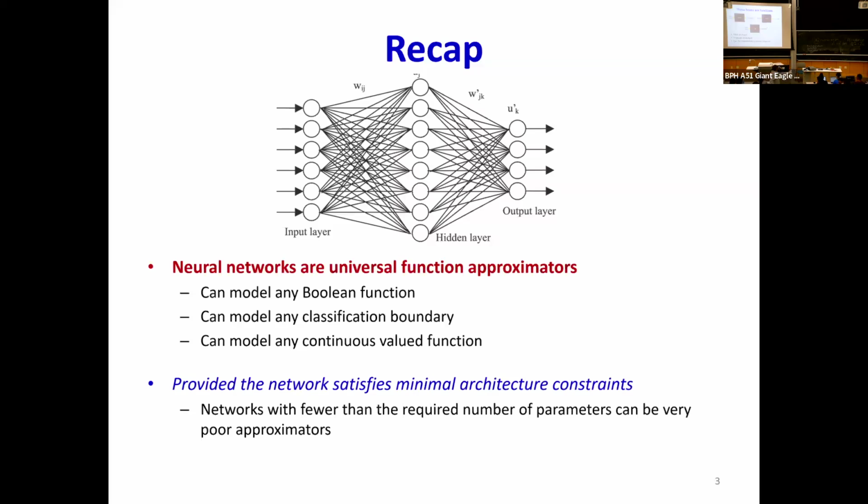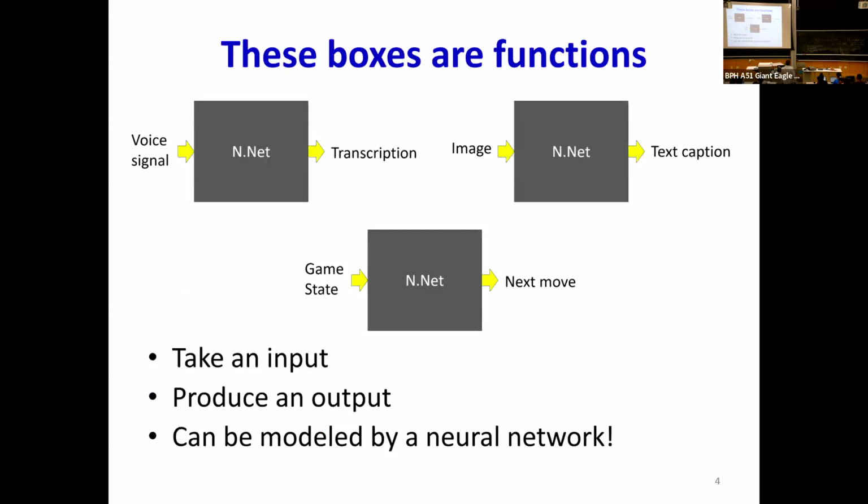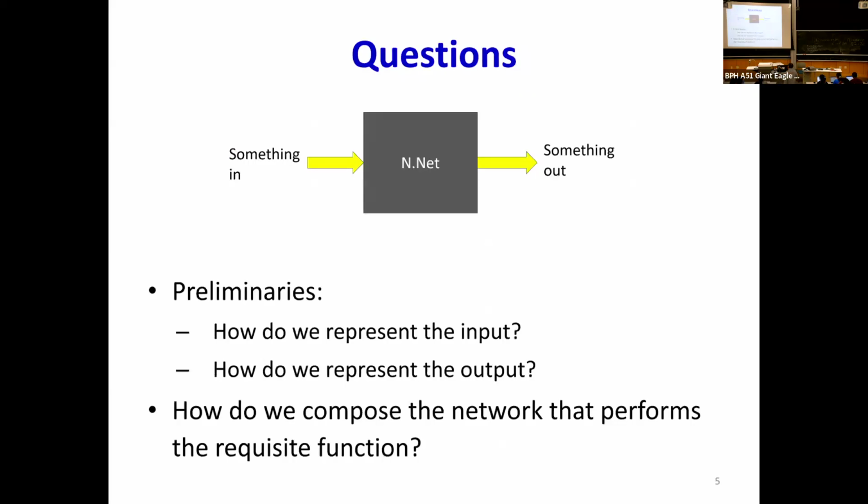Now, given all of this, here's what we found. In all of these various AI tasks, the neural network is this magical box which takes an input and generates output. And so the box itself is a function. And of course, once we realize that this box is a function, then some questions pop up. We are speaking of mathematical objects.